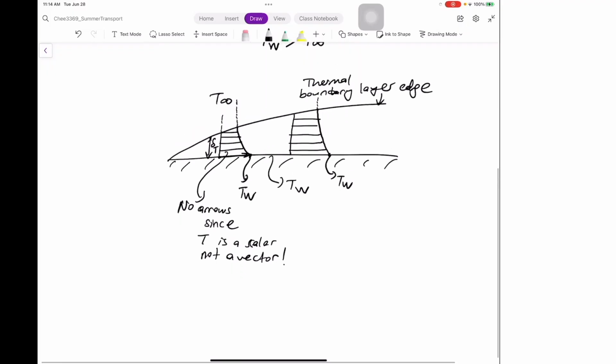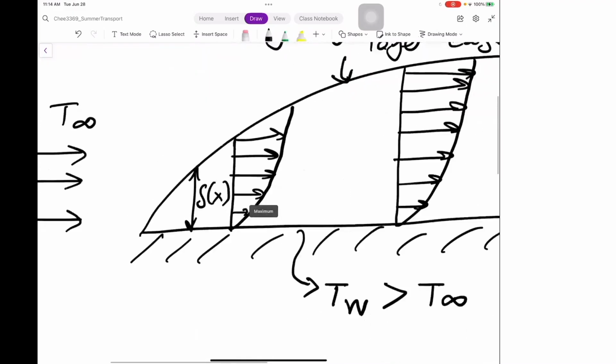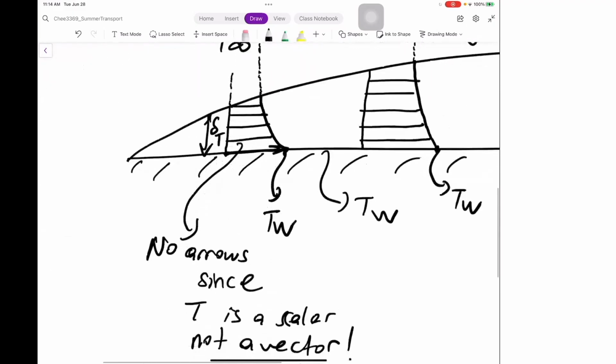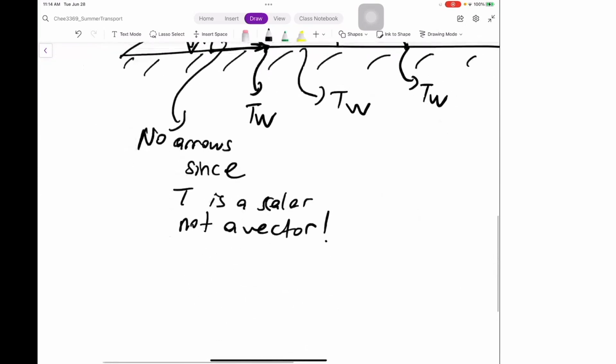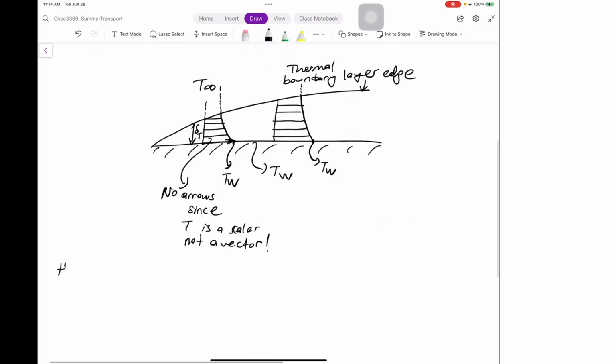Now, this is the delta, the boundary layer thickness for the hydrodynamic boundary layer. This is the delta T. How is delta T related to delta x? That's one question we should ask.